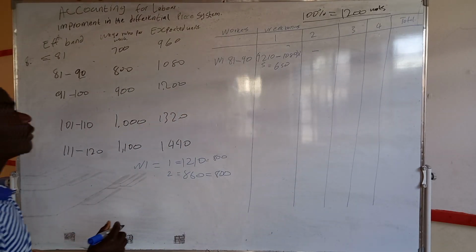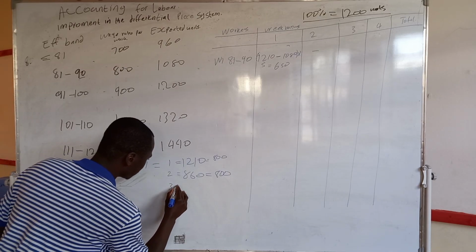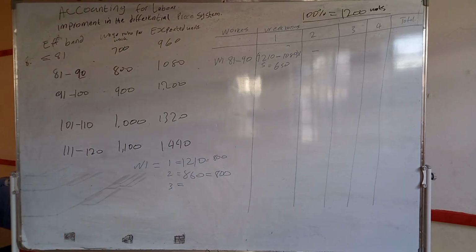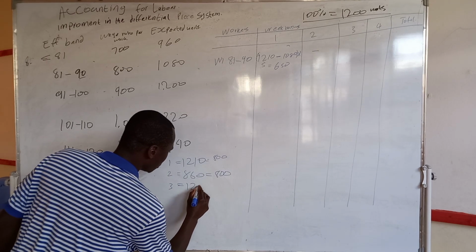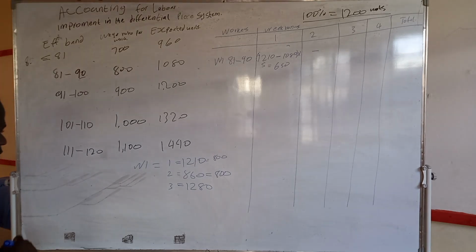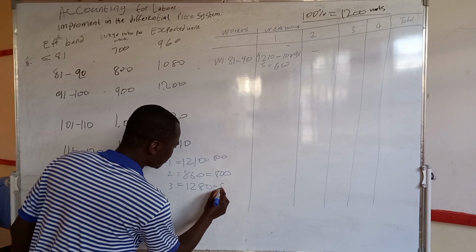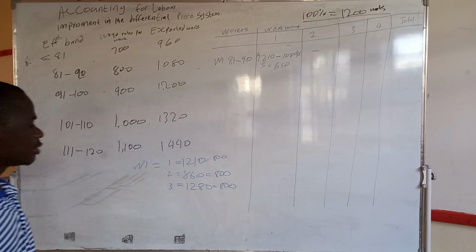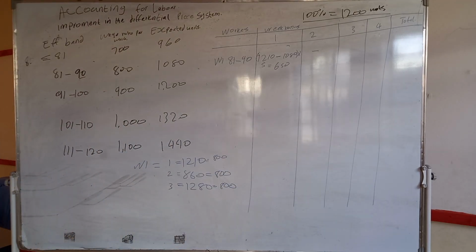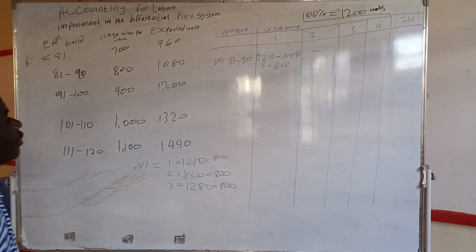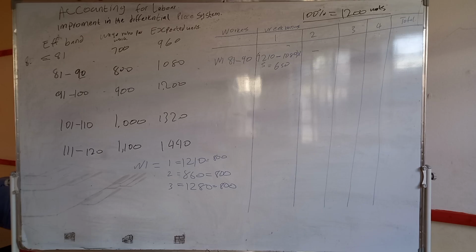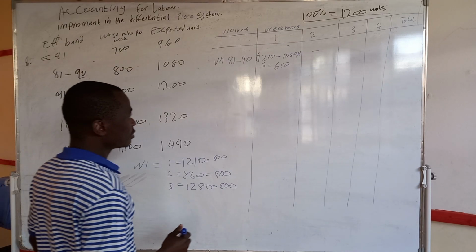Then we go to week 3. He produced 1,280. What is guaranteed? The 800 shillings is guaranteed. Does he have any bonus? Yes, he has surpassed the minimum expected units. How much?